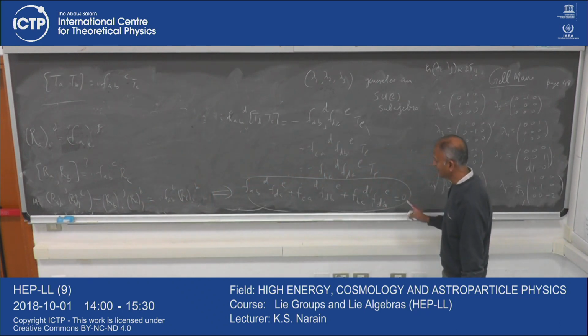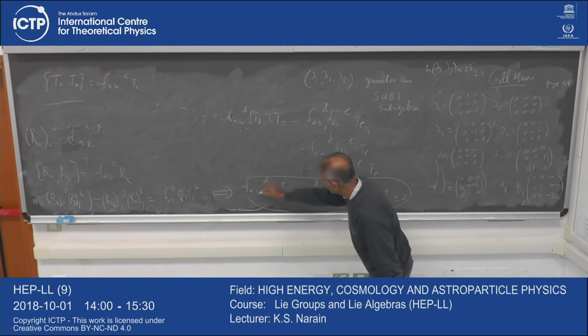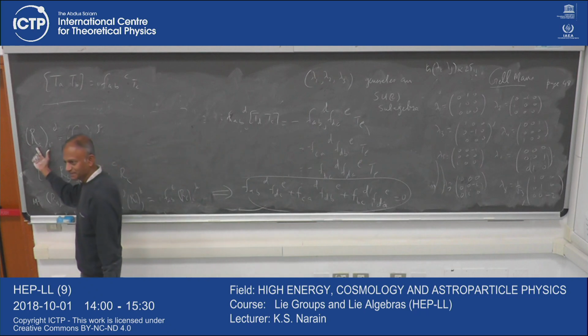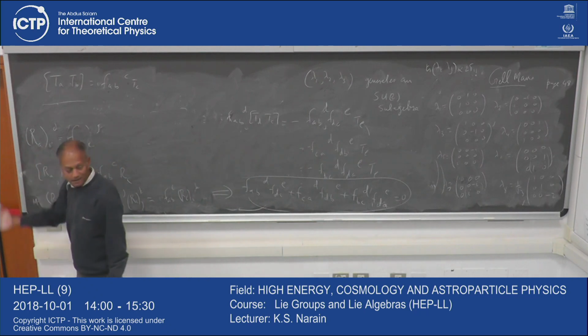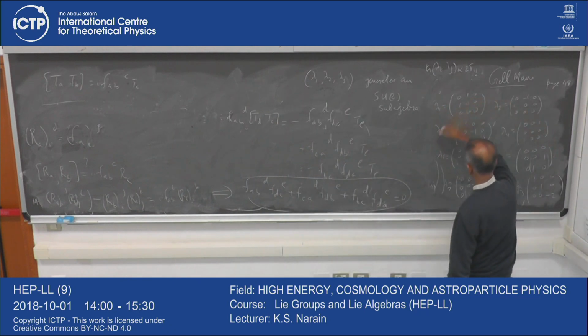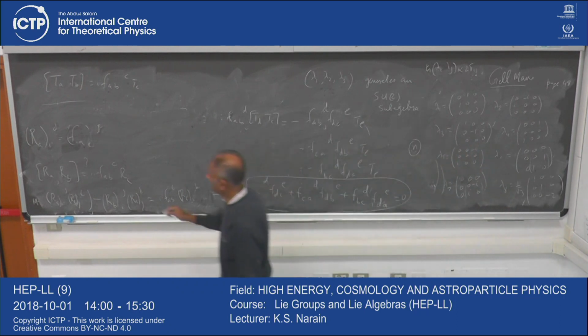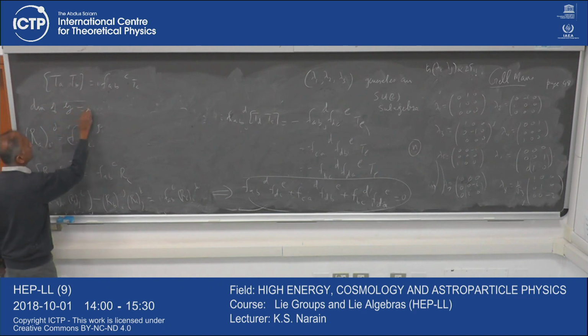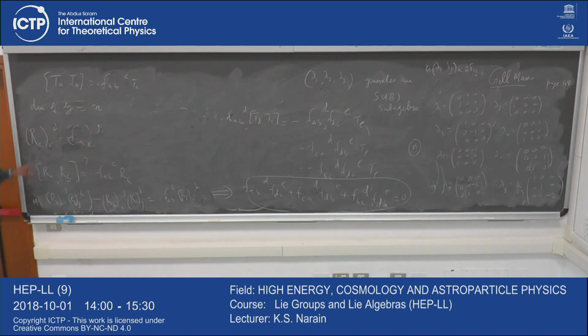So what one is saying is that this Jacobi identity allows us to define such matrices. Suppose that the dimension of the algebra is n. In this case it is 8, but anyway, the dimension of the Lie algebra is say n. Then these are now n by n matrices, right?